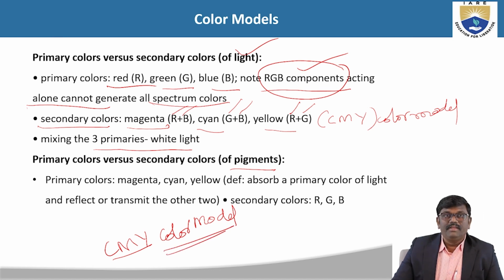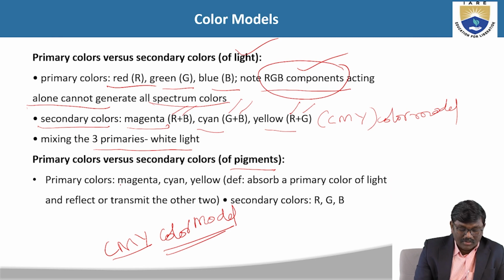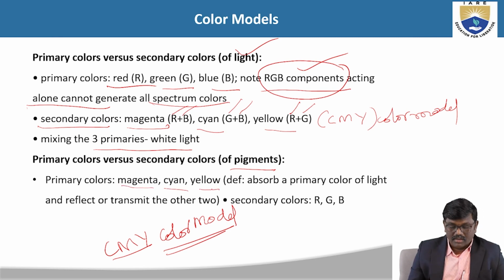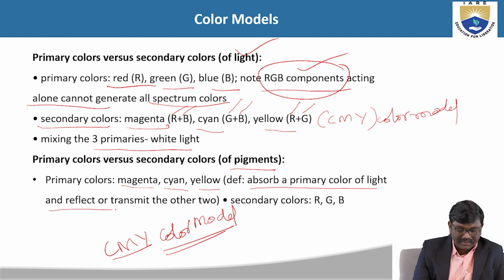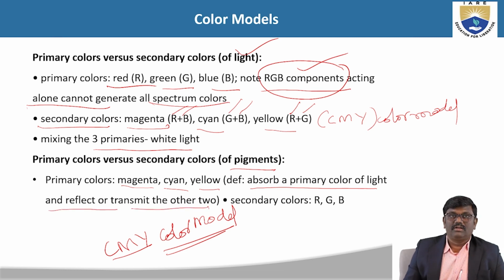The primary colors are magenta, cyan, and yellow, which absorb a primary color of light and reflect or transmit the other two. Secondary colors are RGB colors.